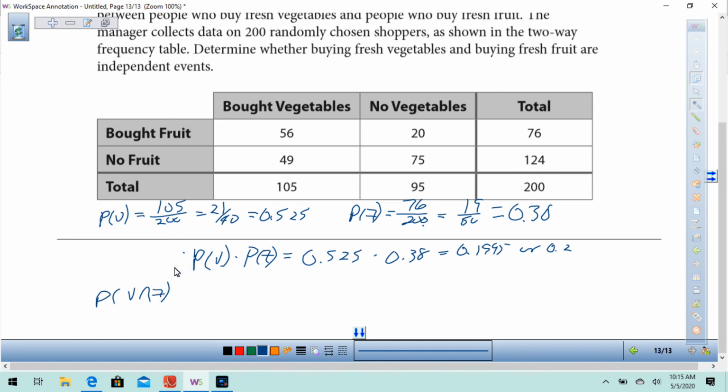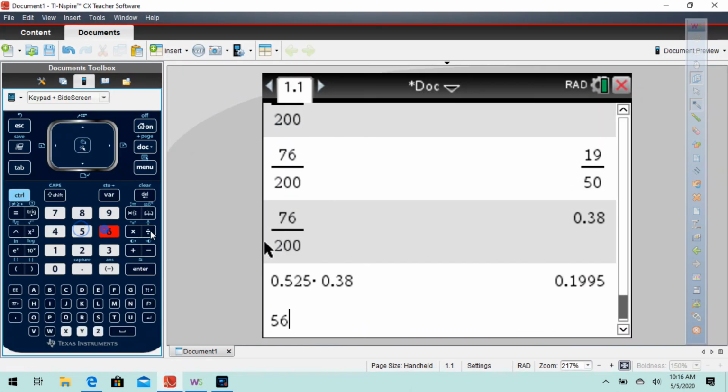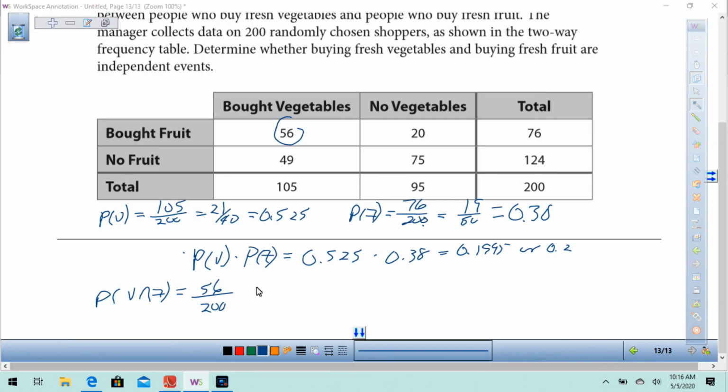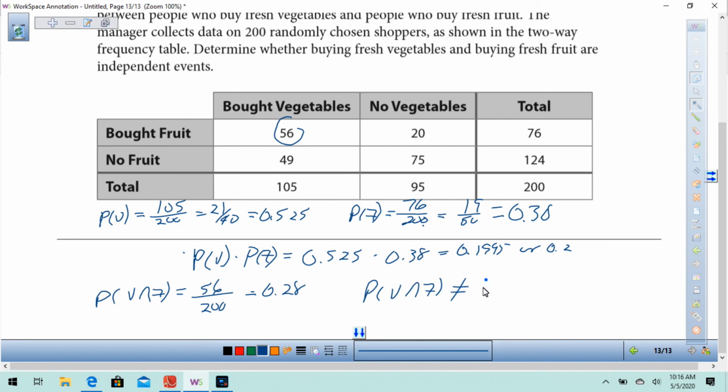Bought vegetables intersection fruit, let's see. Bought fruit, bought vegetables, that's going to be 56 over 200. So 56 divided by 200, and that's 0.28. Well, the probability of vegetables intersection fruit is not equal to the probability of vegetables times the probability of fruit.